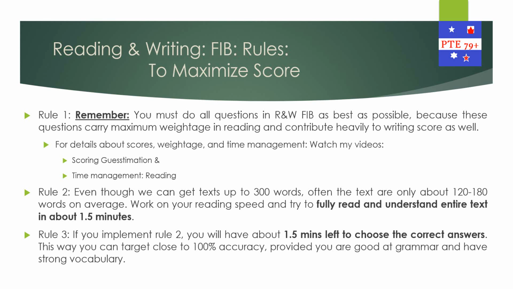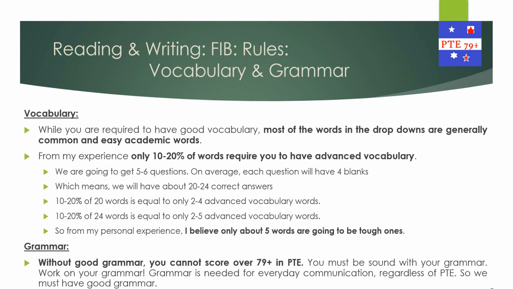That's why this buffer of 1.5 minutes, a total of 3 minutes, is really required for this task to do it correctly. Because if you do this incorrectly, then the chance of getting over 79 dramatically reduces. So better take full use of 3 minutes, read correctly, understand correctly, pick the right answers. That's all. That is the three steps that you need to do.